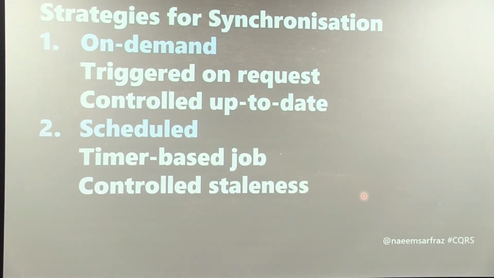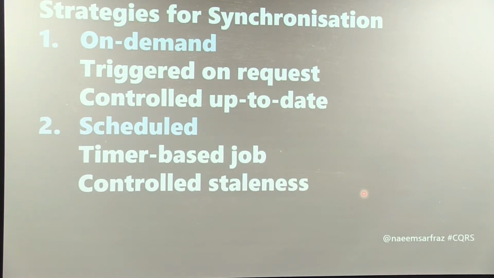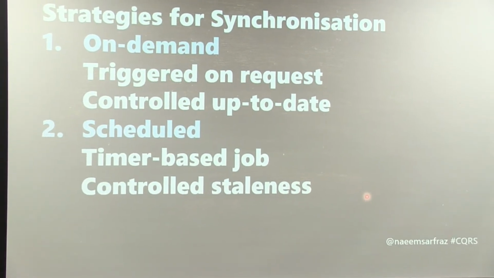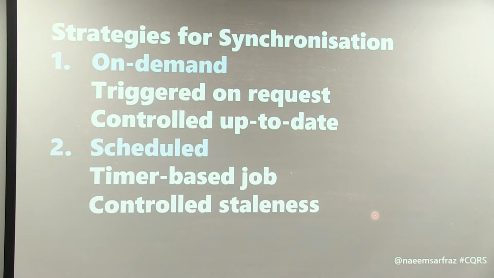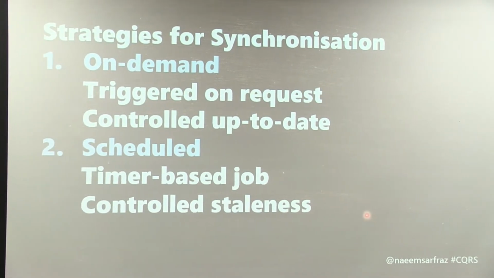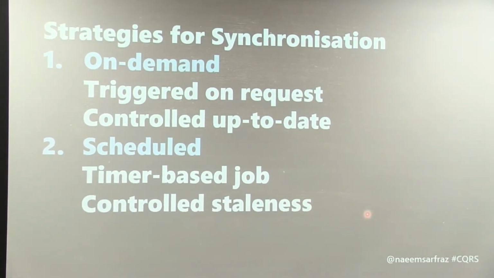First of all, you could take the approach of an on-demand type of strategy, so that when I make changes to my write store, immediately in the same operation, I will update my read store. So in my first example, I make a change to my name table, the SQL trigger then goes and updates the denormalized table.